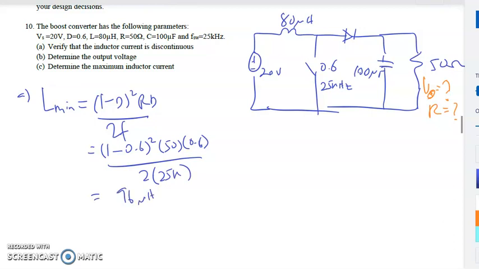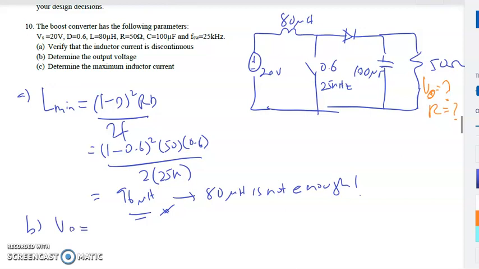We get 96 microhenry as our required value of inductor. That means the provided 80 microhenry inductor is not enough for CCM. So we must verify that the inductor current is in the discontinuous mode.